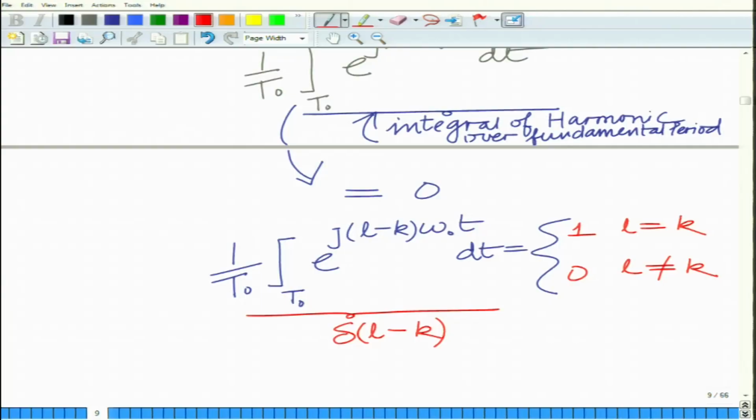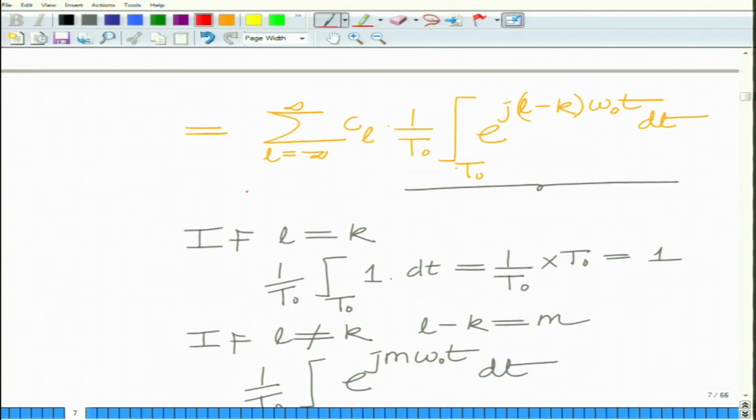Therefore, if you substitute this here, you will have summation L equal to minus infinity to infinity of C L delta L minus k.